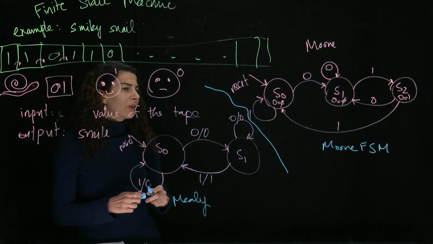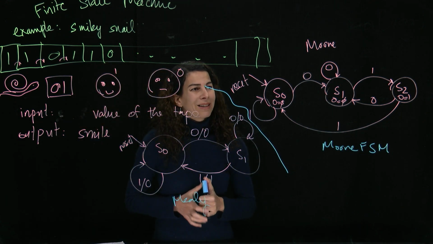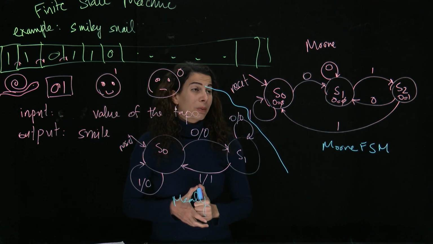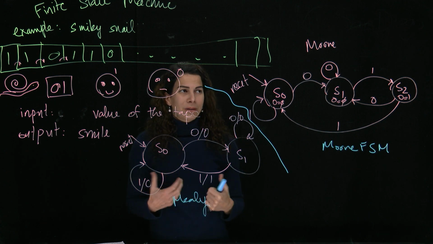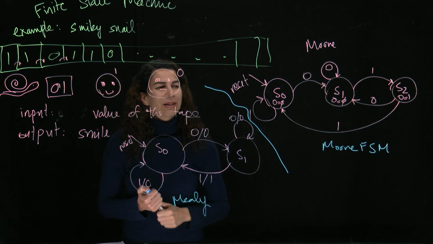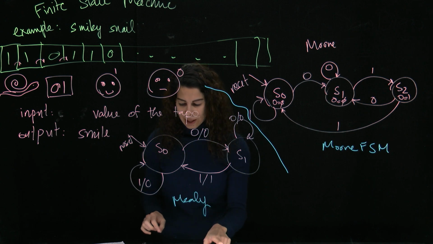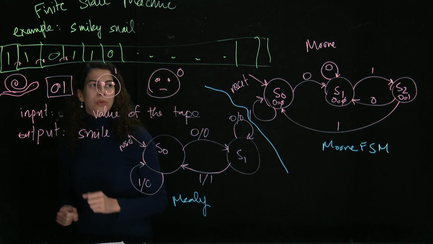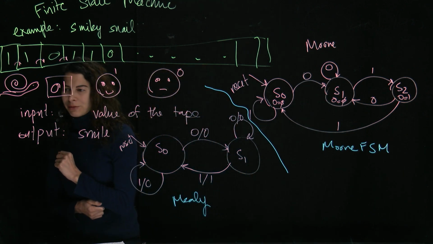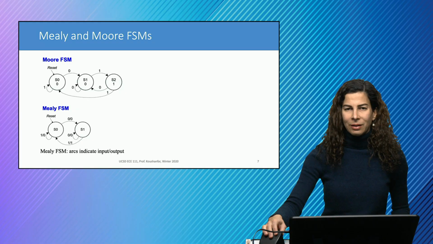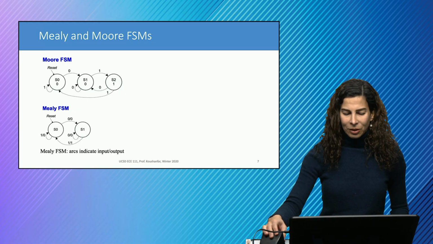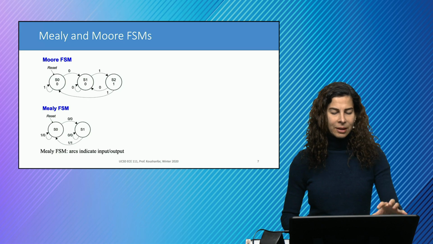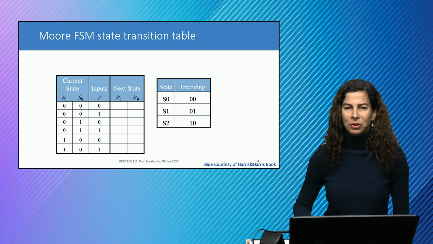Now, given these, let's just review our basic Logic 101 class, or ECE 25 in this case. What happens if you want to design this in real life? So we had these 2 finite state machines for the snail example that we just designed.